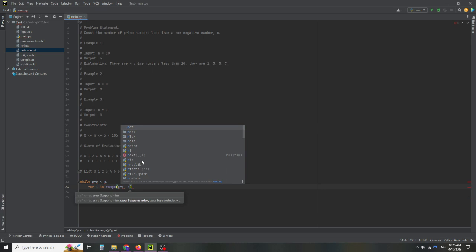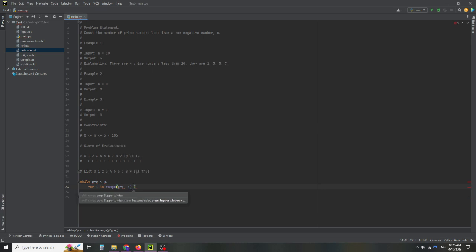And the step I'll be taking every time will be p itself. If it's 2, p squared is 4, and every step I'll be taking is 2 because p was 2. So it'll be 4, 6, 8, and so on, and I'll be marking them all false, as in they're obviously not primes.